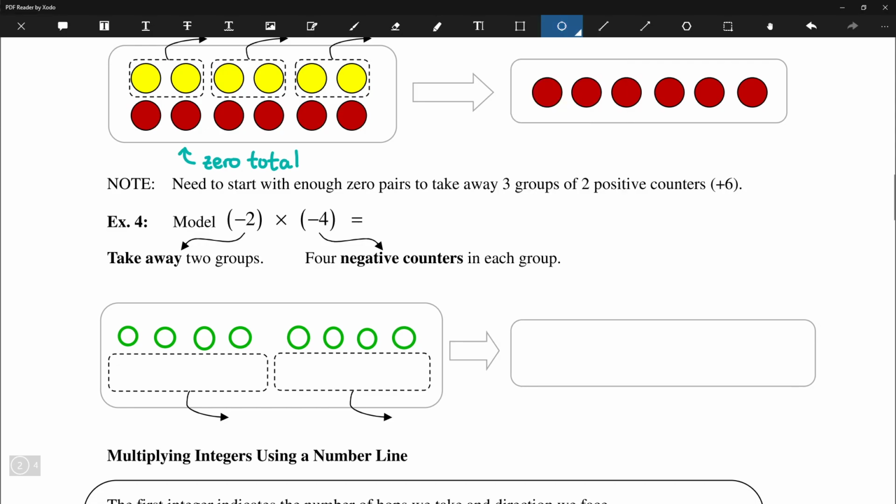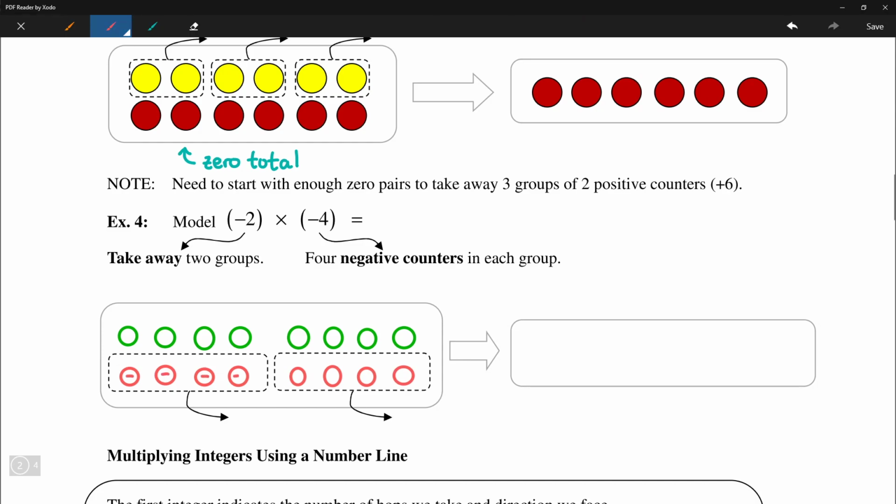Then we take away two groups of -4 counters each, something that looks like this. Once these 8 counters are taken away, we're left with 8 +1 counters, and so the product will be positive 8.